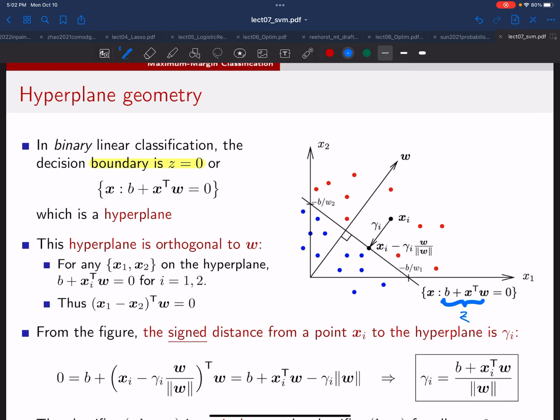As you move in one direction perpendicular to the boundary, z will get larger. In the other direction, z will get smaller. The particular direction you have to travel depends on the sign of the w terms and so on, but that's basically how it works.